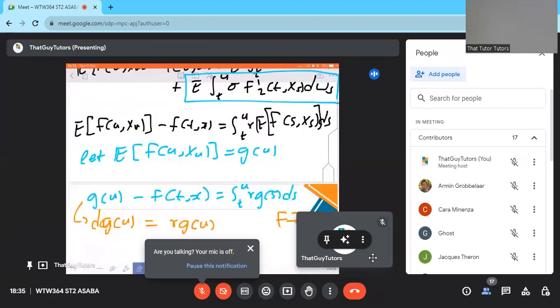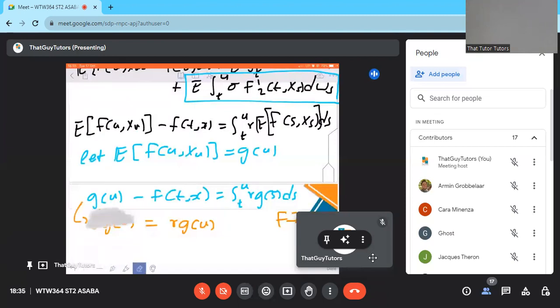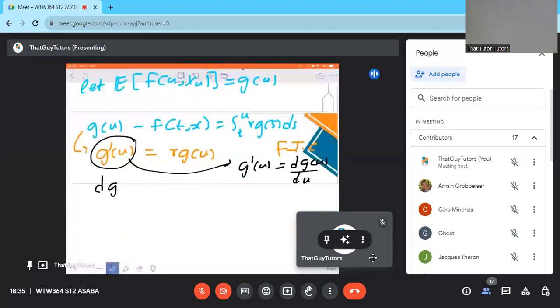To make it easier, you can just say g prime of u, which can be written as d g of u over d of u. So you have d g of u over d of u equals r g of u, and then you solve it.